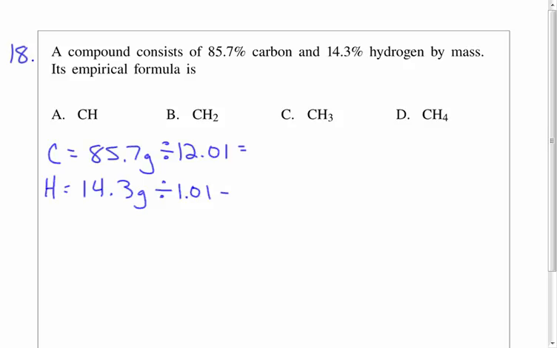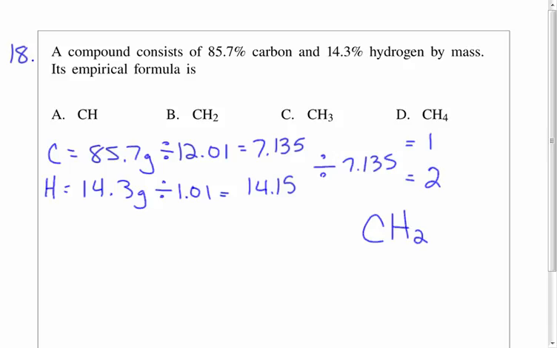And I put the units on the first one, but we can kind of leave those off as we look through these next ones. But we'll end up with 7.135 and 14.15. We'll divide by the smaller number of moles. So the first one is 1. The second one is 2. You have 1 carbon and 2 hydrogens. The correct answer is B.